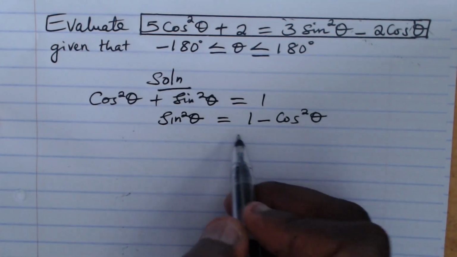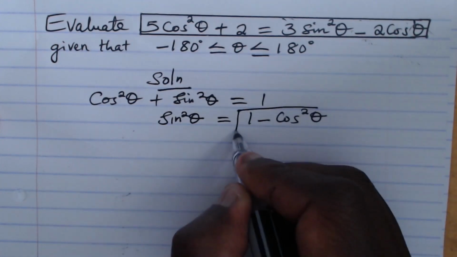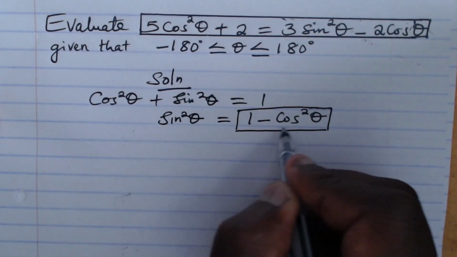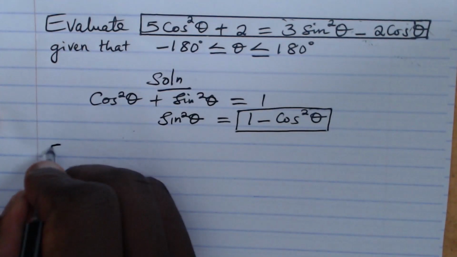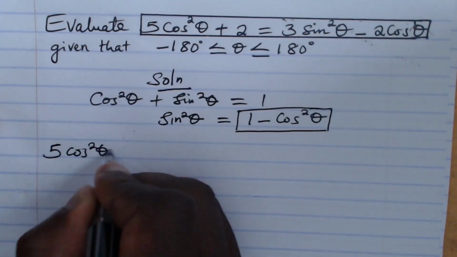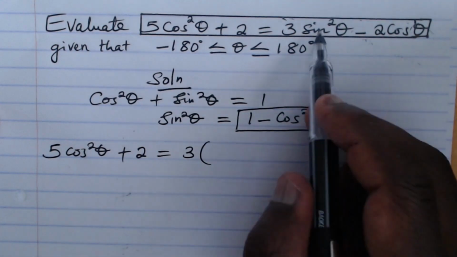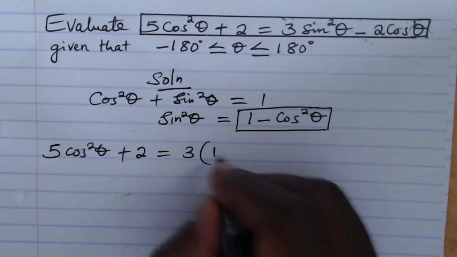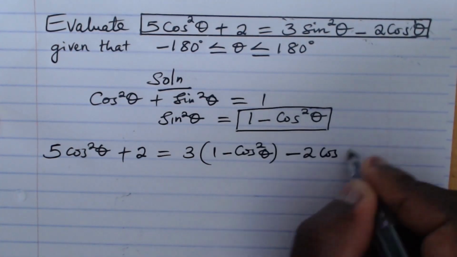So what I need to do now is just substitute this. In place of sine squared theta, I'm going to substitute this. So my equation is 5 cosine squared theta plus 2 is equal to 3 times, in place of sine squared theta, 1 minus cos squared theta, then minus 2 cos theta.